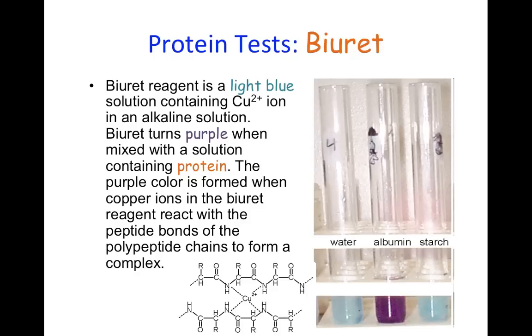But in the test tube in the middle, we see that there was a color change from light blue to purple, and the reason for that is because albumin is a protein, and the biuret test turns purple when the solution contains a protein. The purple color is formed when copper ions in the biuret reagent react with the peptide bonds on the polypeptide chains to form a complex.